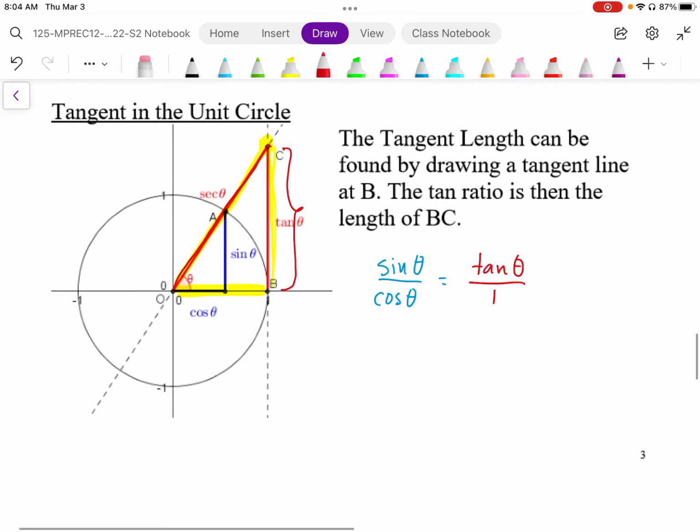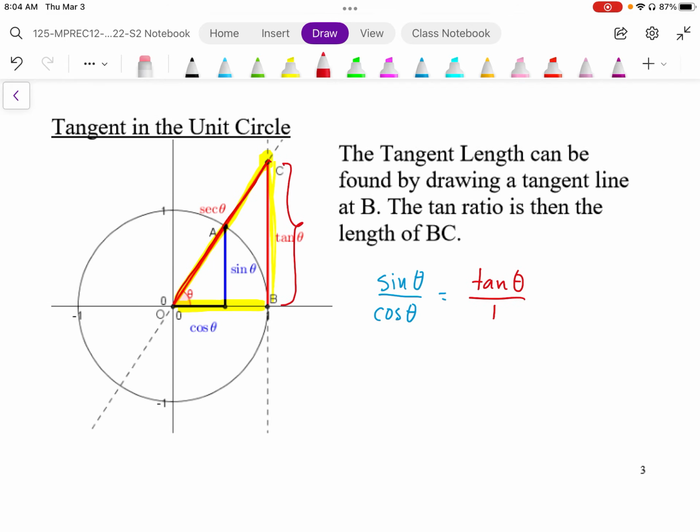The other ratios, and by the way, if we take a look at that red triangle, another Pythagorean identity emerges. Since this length here is 1, we can say that 1 squared plus tan squared is equal to that hypotenuse squared, and that hypotenuse length from here all the way to point C actually happens to be the secant length.